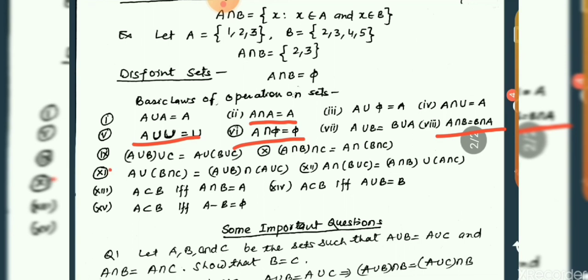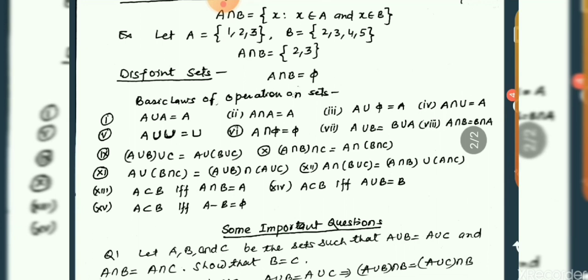This is associative property. This is associative on intersection. This is distributive property. A union B intersection C is equal to A union B intersection A union C, and this is distribution over intersection.